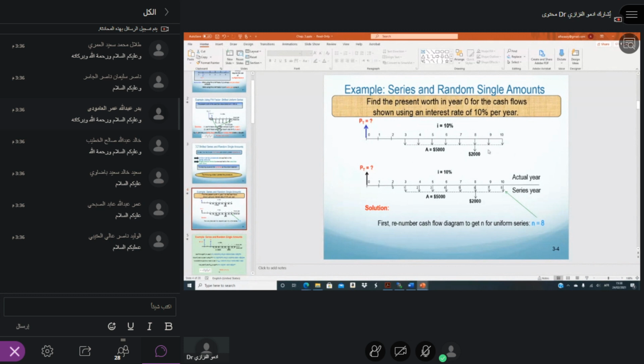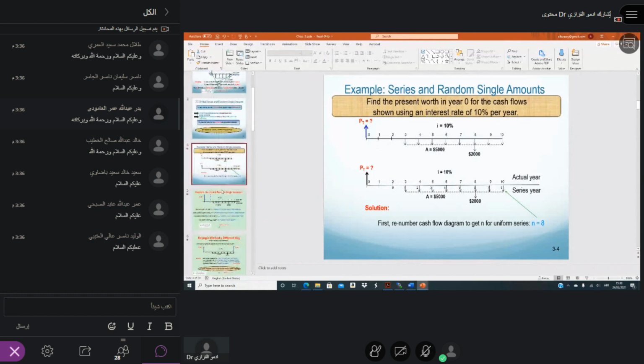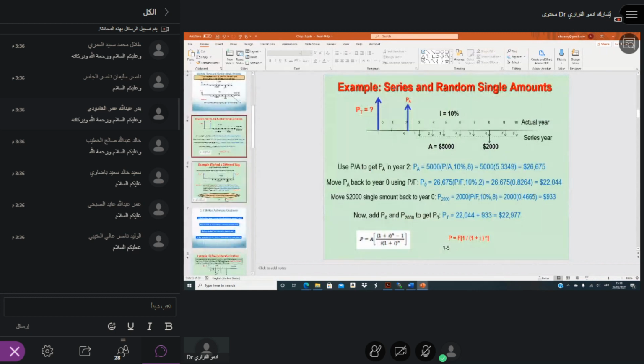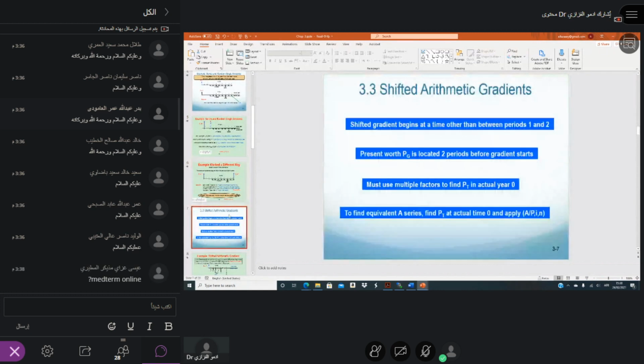Somewhere in the middle, at year 8, you have a random single amount of around 2,000. You see how you can use this to calculate the present total. We even gave an example.